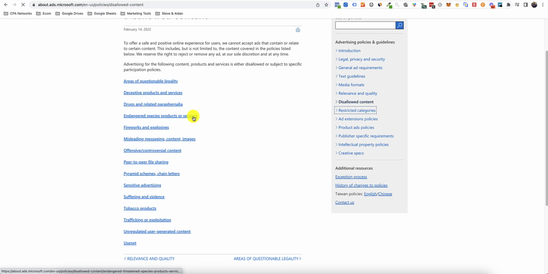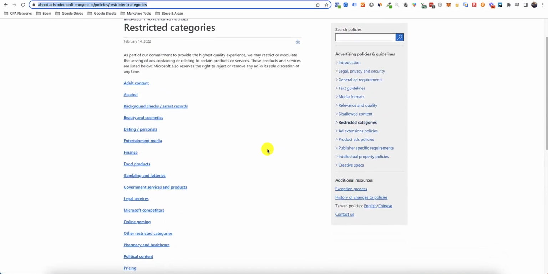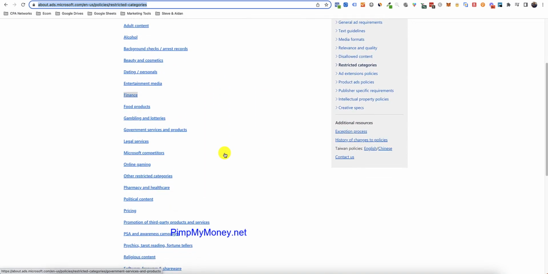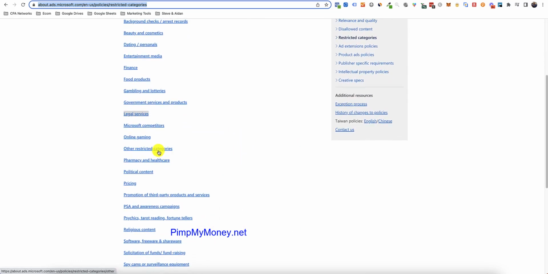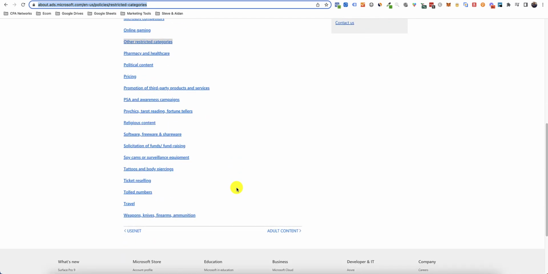These are categories you can run in, but you need to say things a very certain way, all right? Some of the ones that you really want to look into are finance, government services and products, legal services, okay? We've got other restricted categories. Let me just keep looking through here to see if there's anything else that you might want to promote, and not really, okay?